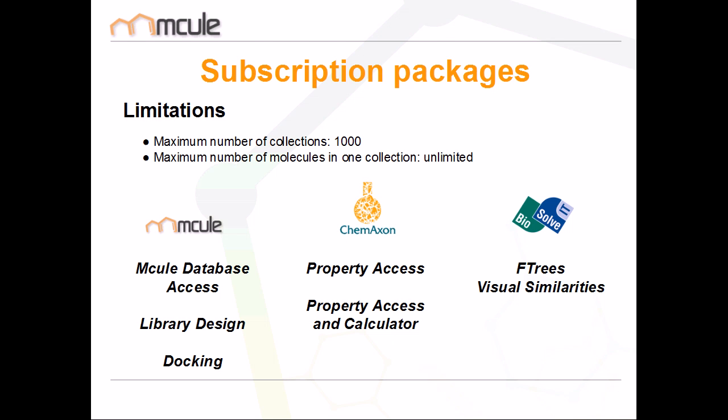BioSolveIT GmbH is our other strategic partner company, and they are very famous because of the FlexX docking tool and the FTrees ligand-based drug discovery tool. These are very good brands of BioSolveIT, and we will introduce an FTrees visual similarities package, which will give access to feature trees.